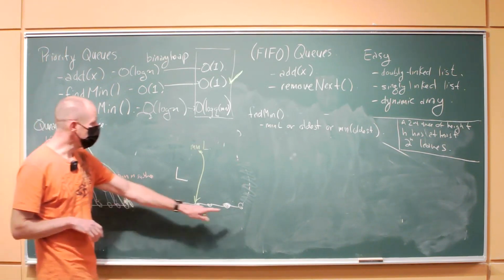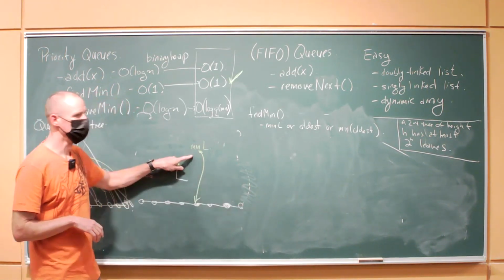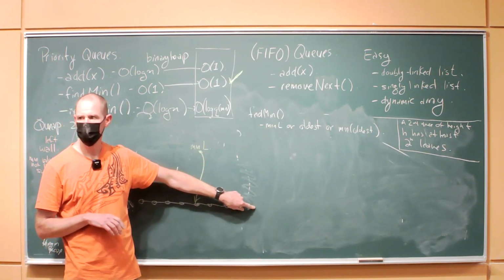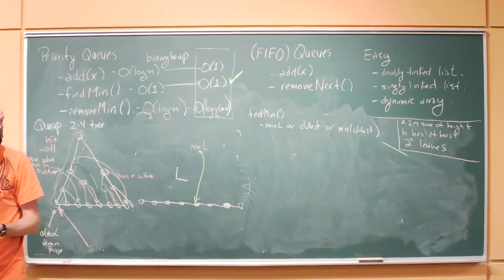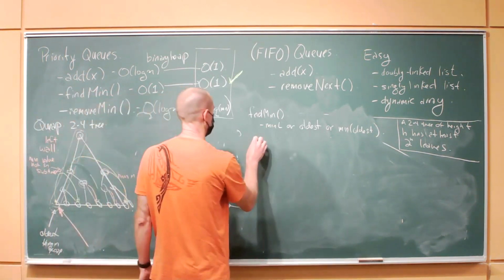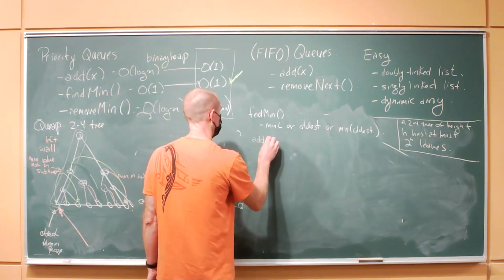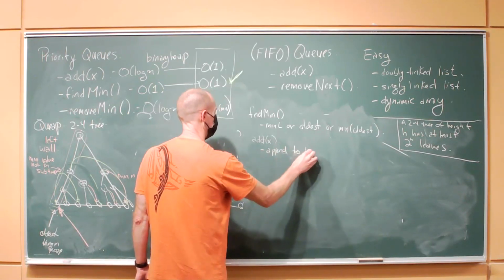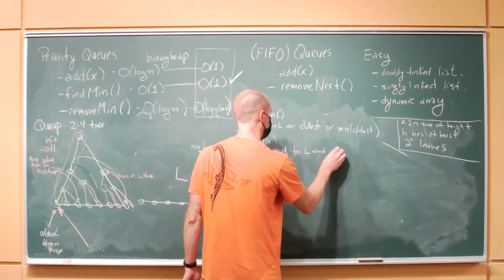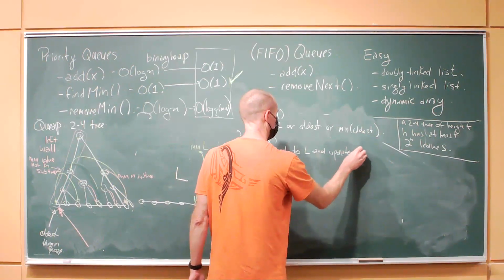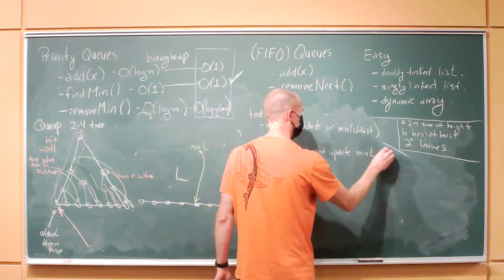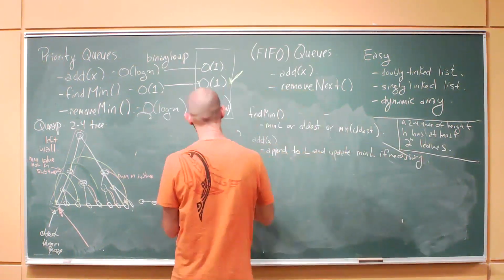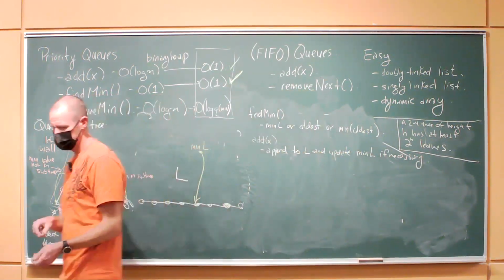We need to check if this new value that we inserted is maybe smaller than the smallest value in the list, in which case we update the min L pointer to point to it. Really easy. Really trivial.